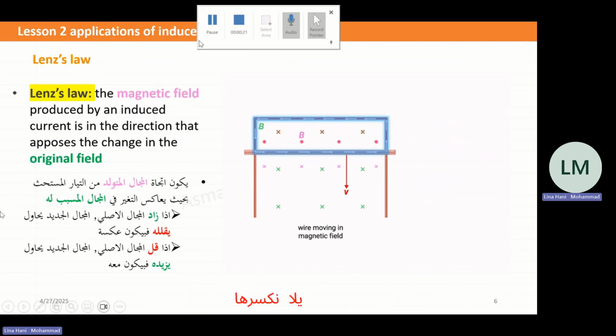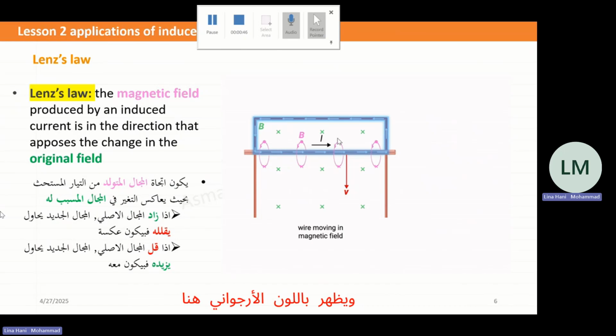Let's break it down. We already established that moving a wire in a magnetic field will induce a current in that wire. Now, this wire that's carrying current will induce its own magnetic field. Shown in the green crosses is the original magnetic field that induced the current.